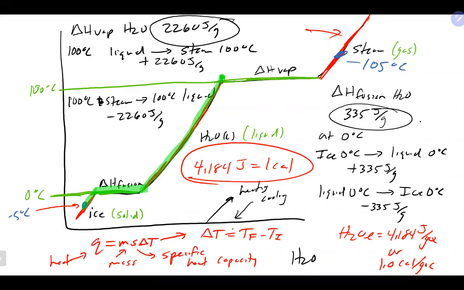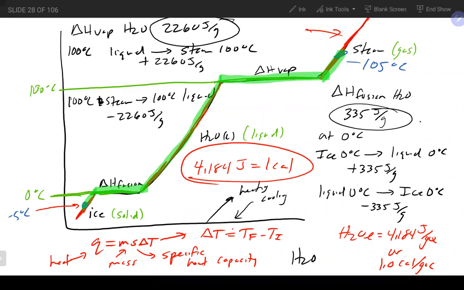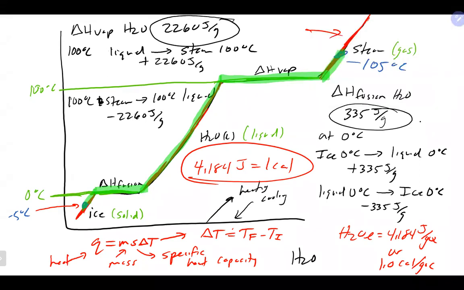You would have one more phase change using the heat of vaporization, and one last specific heat calculation going from 100 degrees to 105 degrees Celsius. I lost track of how many I just did there, but that's 1 step, 2 steps, 3 steps, 4 steps, 5 calculations you would do.